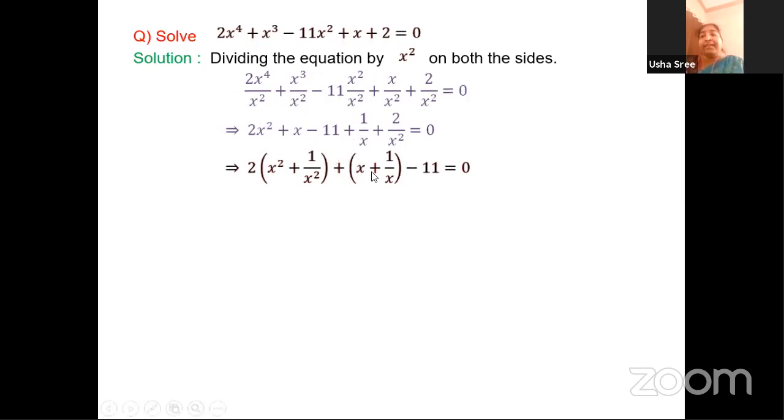And minus 11 remains as it is. So the equation will be 2 into x square plus 1 by x square plus x plus 1 by x minus 11 is equal to 0.